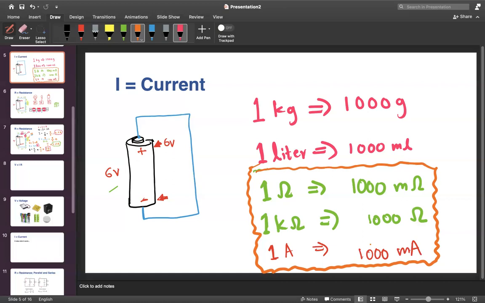Next week we will do another part of this set of slides, basic electronics, and then we will move to Arduino. If you have any questions, please drop a message in the WhatsApp group. I will answer as fast as I can.